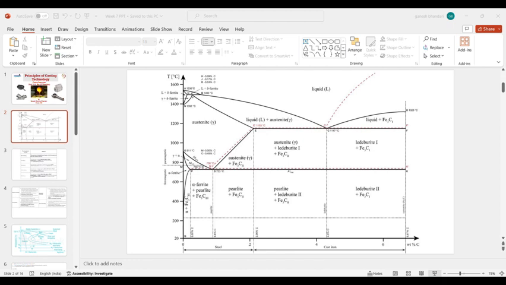So when we talk about spheroidizing, we talk about the lower critical temperature. We heat our sample above the lower critical temperature, hold it for some time, and then cool slowly in the furnace.